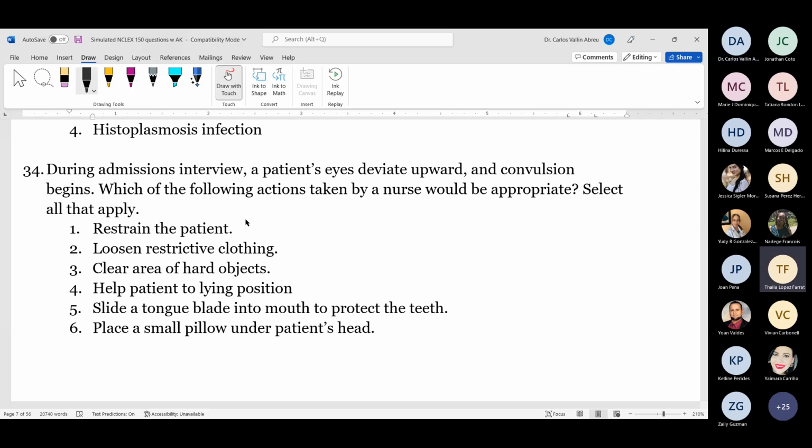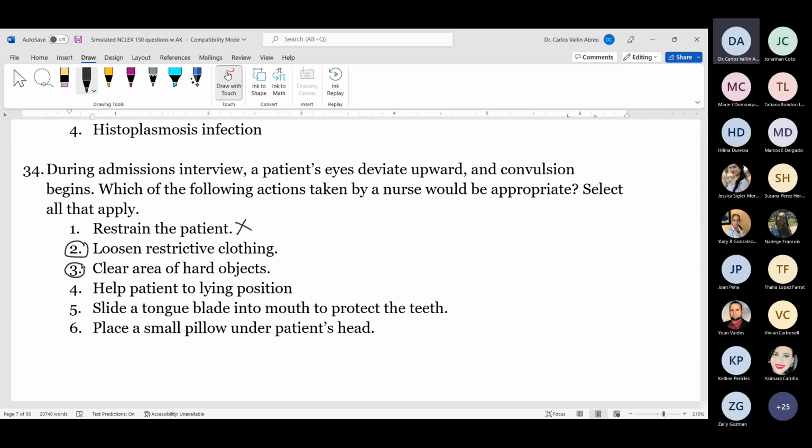No. You leave the movement to move freely. Loosen restrictive clothing? Yes, especially ties and collars. Clear the area of hard objects? Yes, of course.